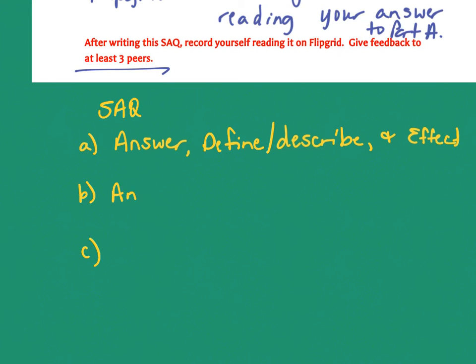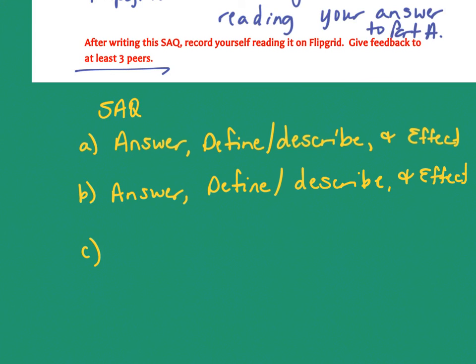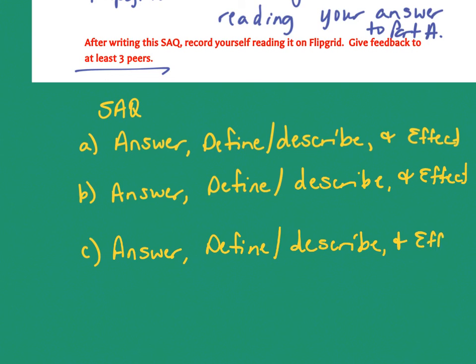And then for part B, you do the same thing. Answer, define or describe, and effect. And then for part C, you guessed it, answer, define, describe, and effect. And of course, effect can also be effect or cause.